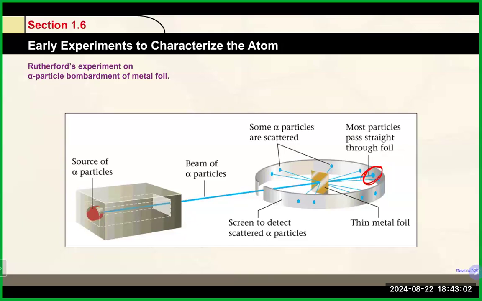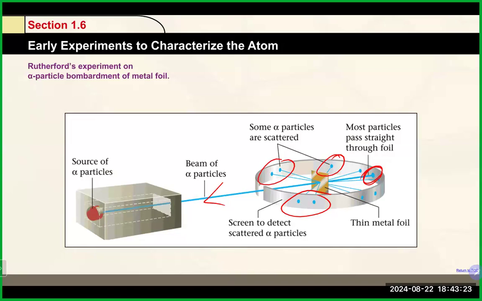Now, every so often, they observed that these alpha particles bounced off at really big angles. They actually also sometimes headed back to the source of where they came from.